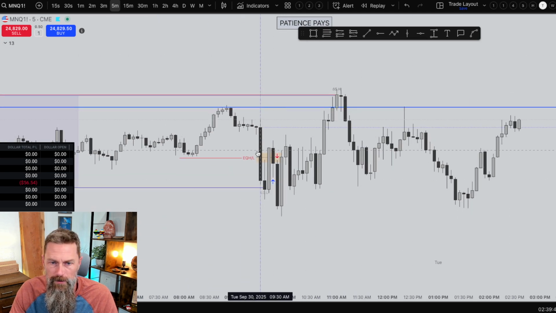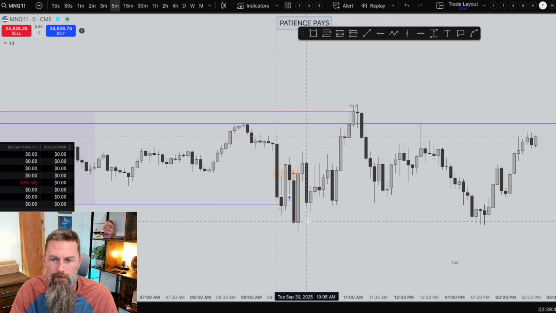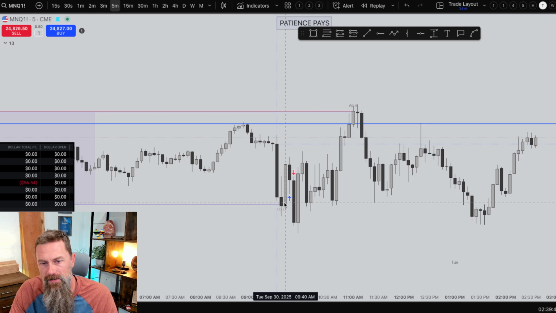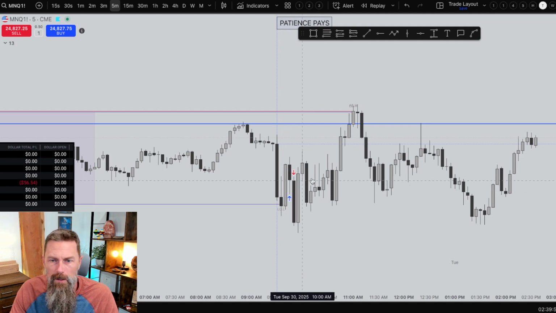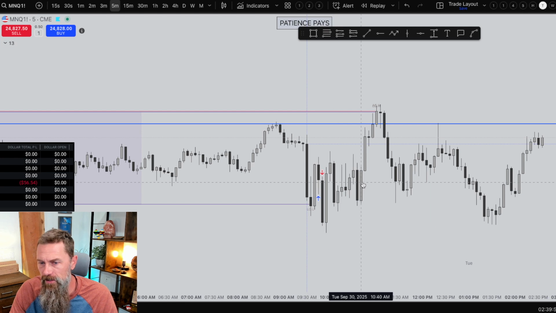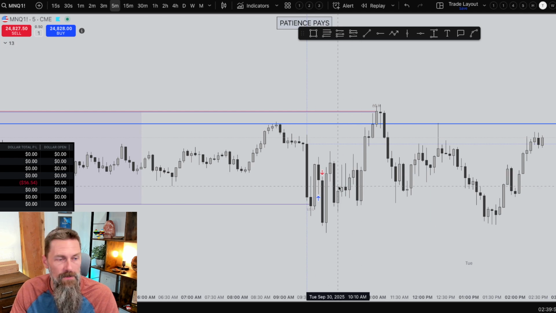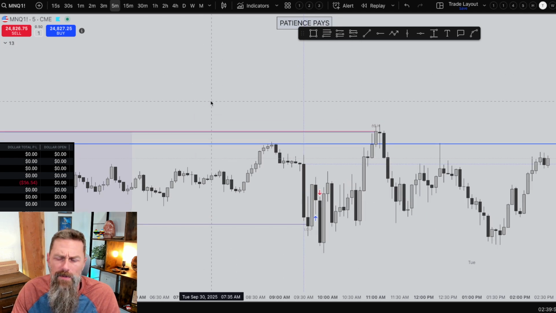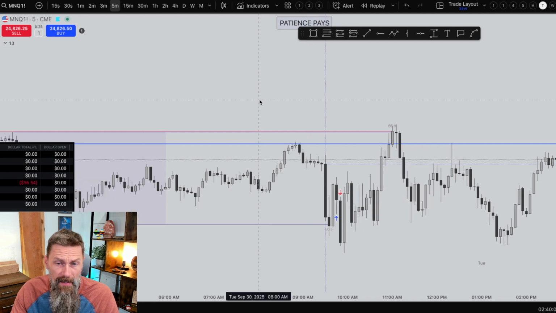Let me clean this up here just a little bit. So barcode pattern, seek and destroy. And basically, it started forming just as I got into my trade, which can happen. But I'm proud of myself for staying out, for not trying any more attempts, and proud that I've got risk management dialed in. Now the next thing, I just need to get back into the groove.